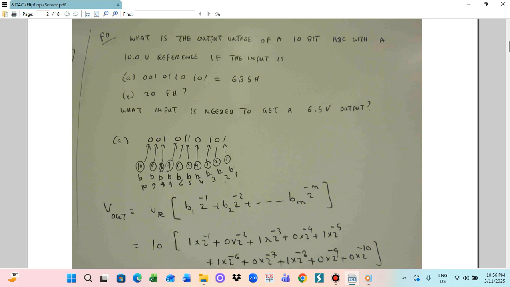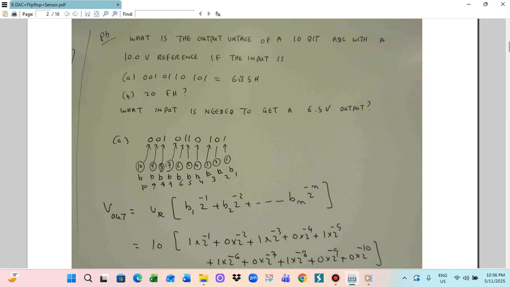This is the first position, then the second position, third position, 4, 5, 6, 7, 8, 9, and the 10.